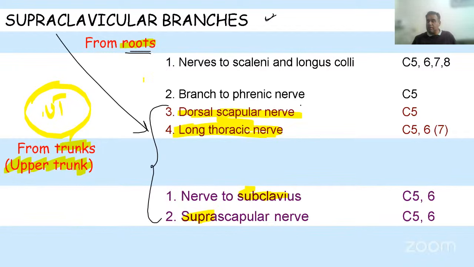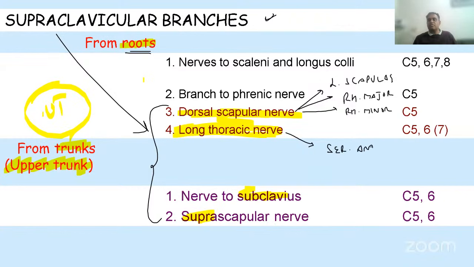Now, what do they supply? From the practical standpoint, the dorsal scapular nerve supplies the levator scapulae muscle, the rhomboideus major muscle, and the rhomboideus minor muscle. The long thoracic nerve supplies the serratus anterior muscle.